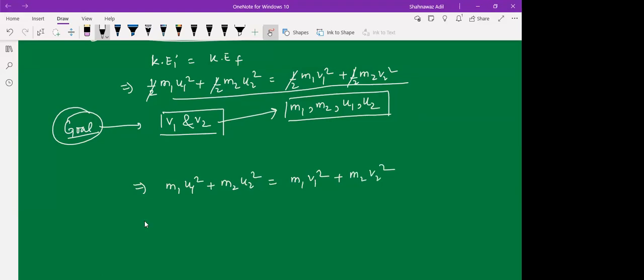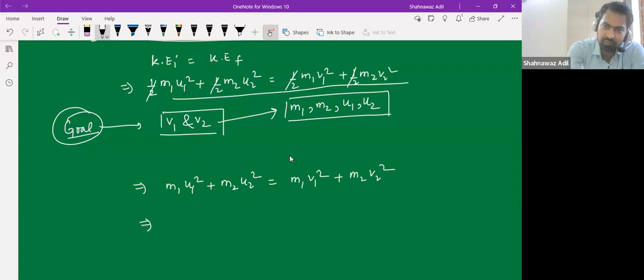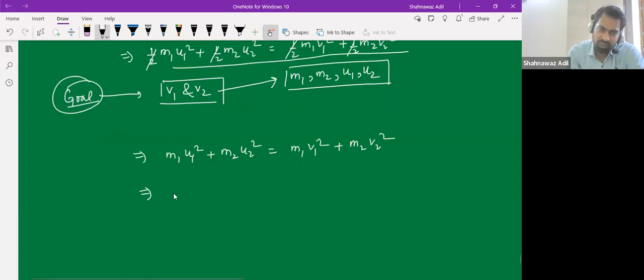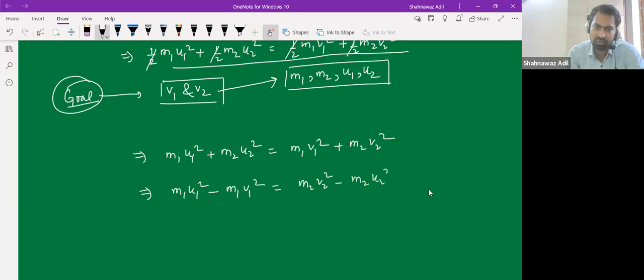Let us take this as m1 u1 square minus m1 v1 square, and then this would be m2 v2 square minus m2 u2 square.